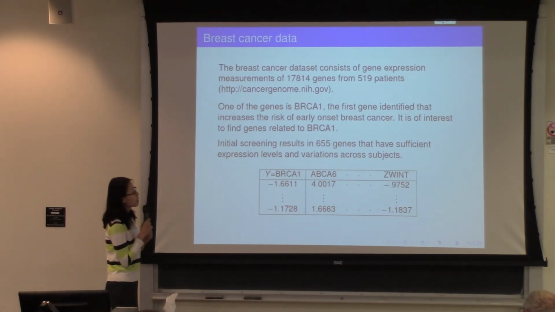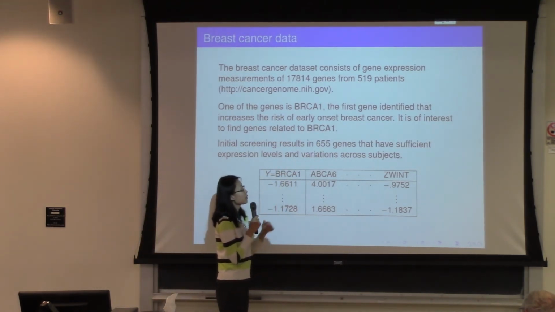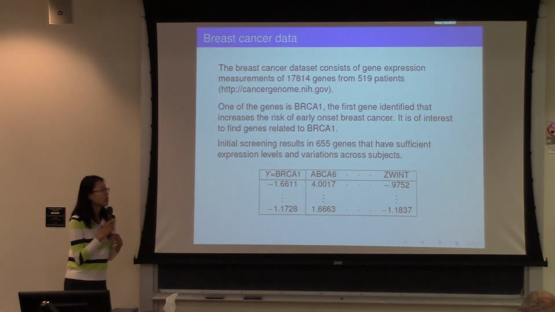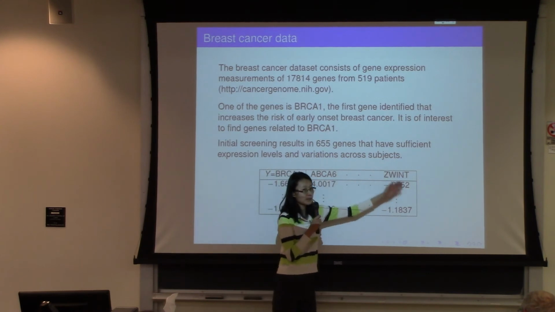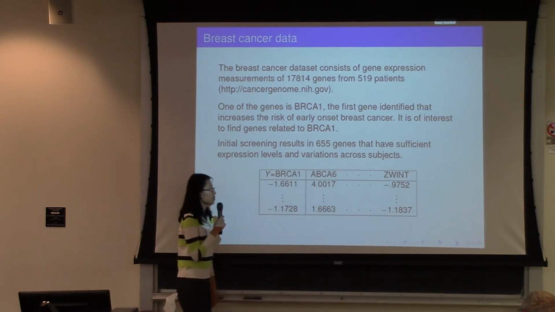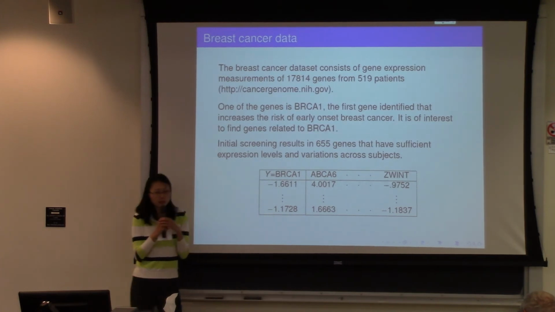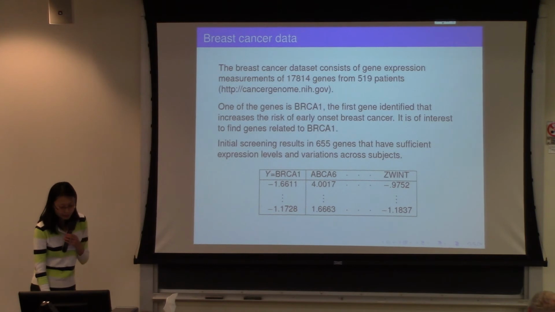Some initial screening allows us to focus on 655 genes that have sufficient expression levels and variation across subjects, and they are listed here. We take the log of the expression level, and that is our response, the expression level of the target gene.